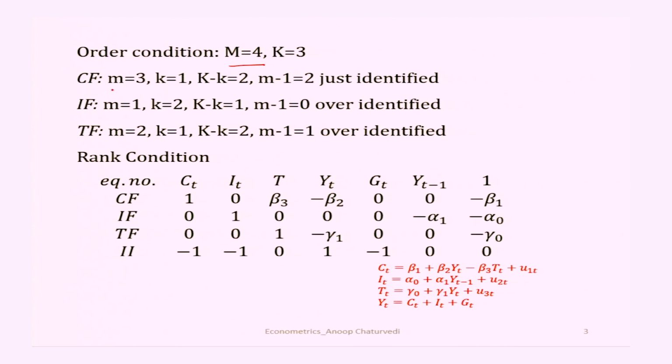And for the consumption function small k is equal to 1, it has just the intercept term. So, K minus small k is equal to 2 and m minus 1 is equal to 2. According to the order condition, you have K minus small k equal to m minus 1. So, the equation is just identified if we use the order condition.